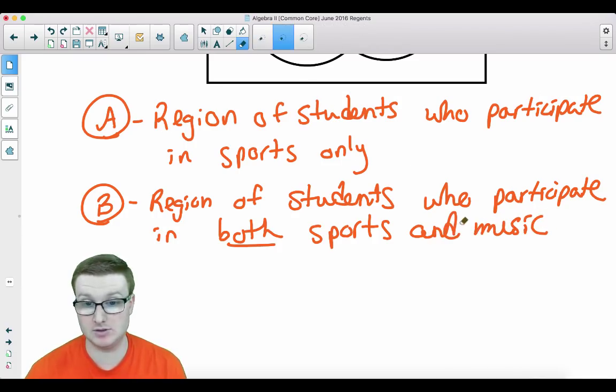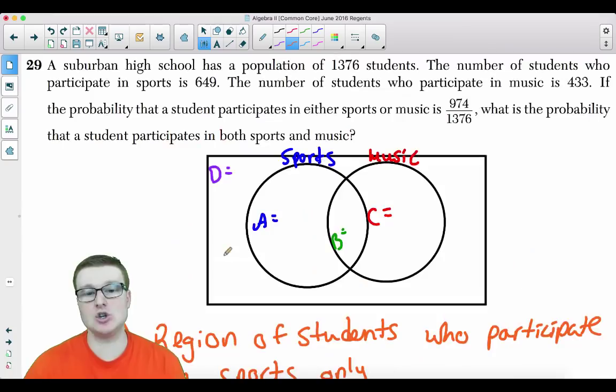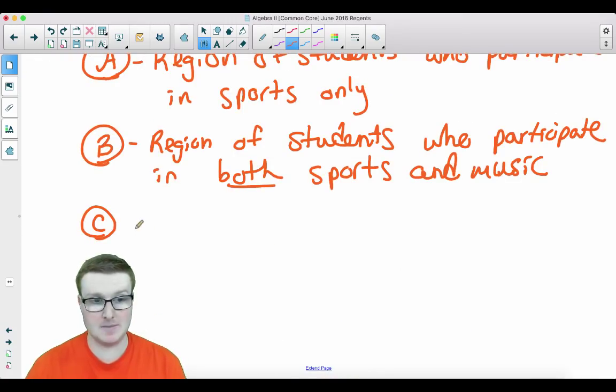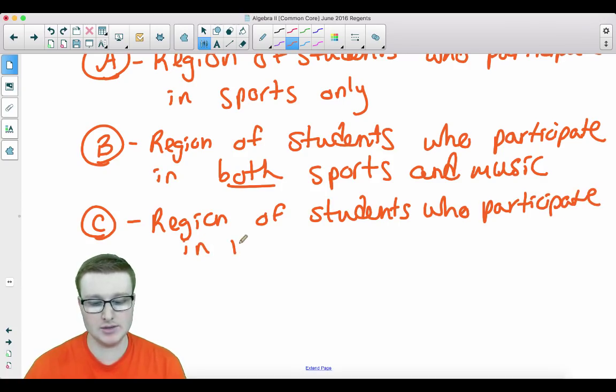Okay. Region C, as you could assume, is just the people who only participate in music. So it is the region of students who participate in music only.